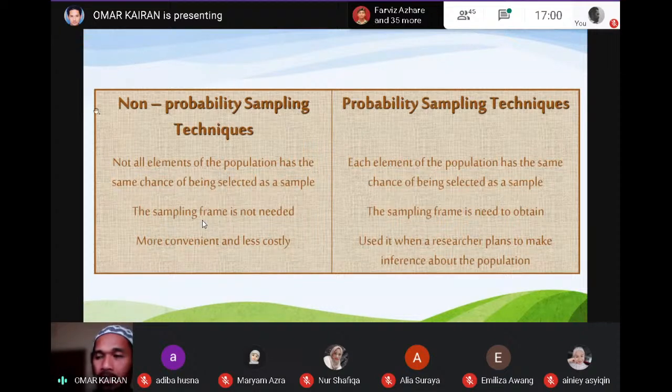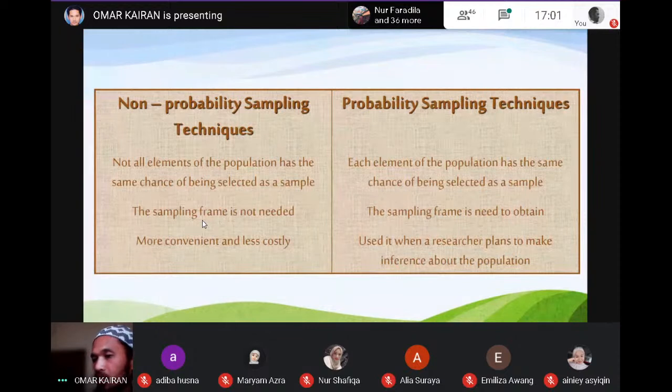In non-probability sampling this is not possible. If we only analyze the sample, then we can only make decisions about the sample. We cannot do so for the population because it is not representing the population. Like before, you are taking only female students, but for male students you are not taking the data.